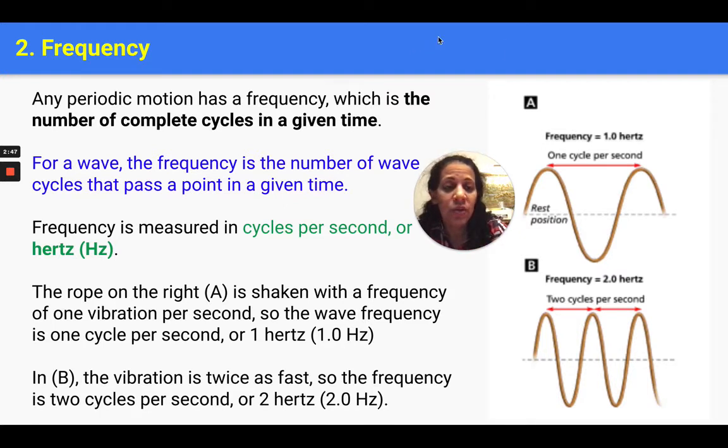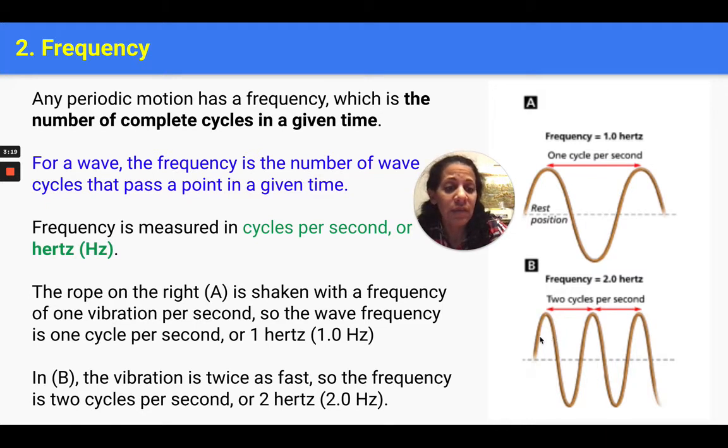If you look at the rope here, the rope has a transverse wave because it's moving up and down, and the wave is moving in that direction, so they're perpendicular. This is the resting point. Remember, this is the crest and this is the trough, and that's the resting point. If there's only 1 cycle per second, so every second there's 1 wave, that means 1 cycle per 1 second equals 1 hertz.